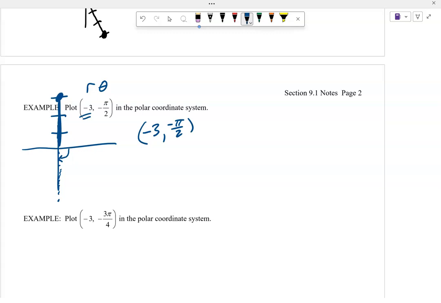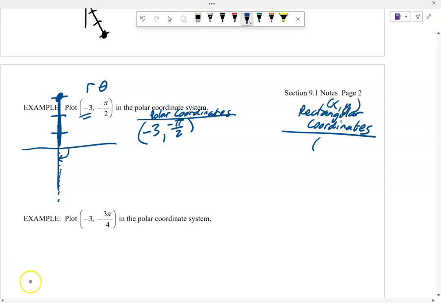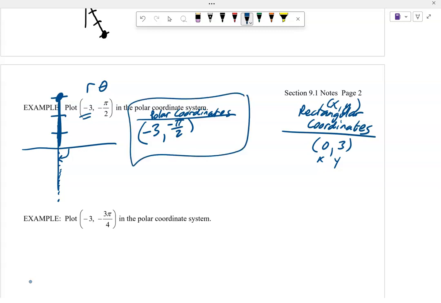And by the way, this is in polar coordinates, right? What is this in rectangular coordinates? What point is that in rectangular coordinates? x, y. Can you guys say? Yeah, 0, 3. That's what it is in the old typical rectangular coordinates, but now we're going to express it with r comma theta with an angle.